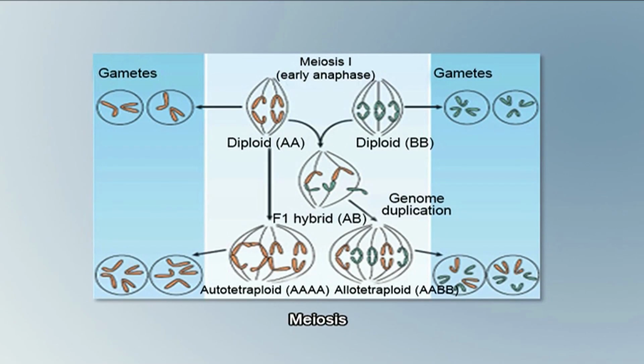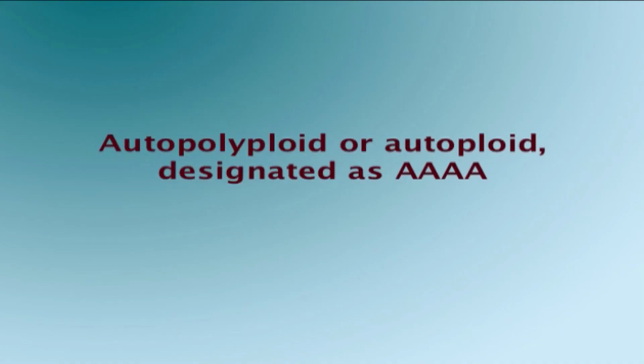If the diploid plant referred to in these two methods are distinct species whose genomes can be represented as AA, then the triploids derived from them will be autopolyploids or autoploids designated as AAAA.